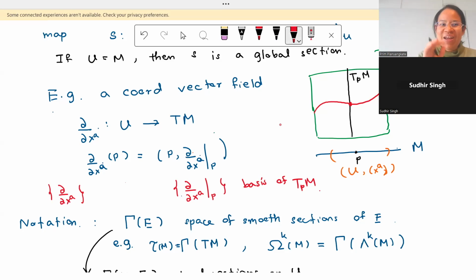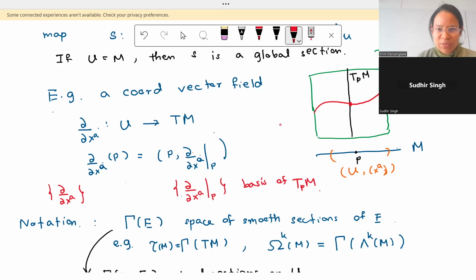So this set is an example of a set of vector fields such that the values of the vector fields at a point form a basis of the fiber above each point, right? And these are local sections in our language now.